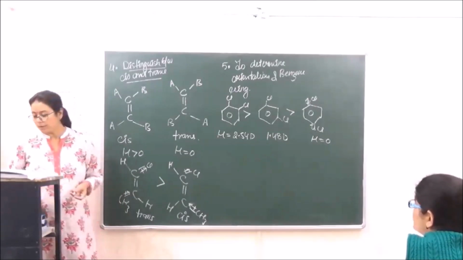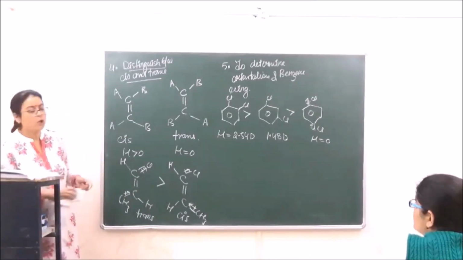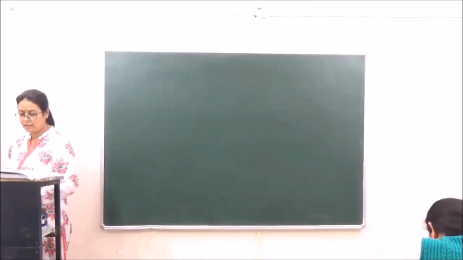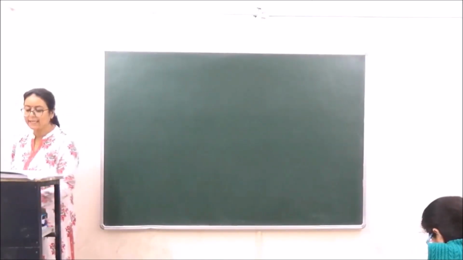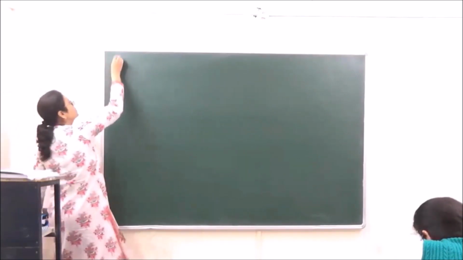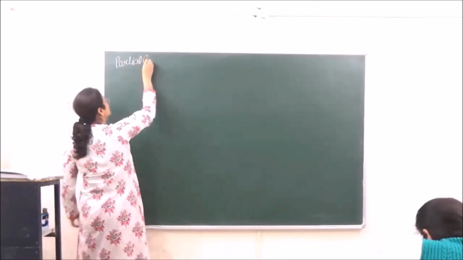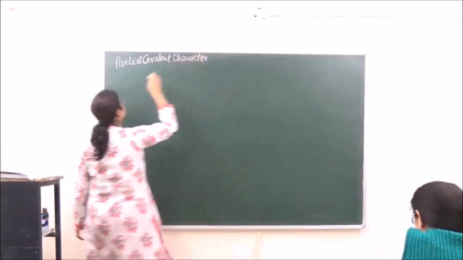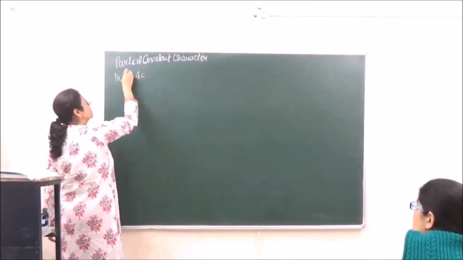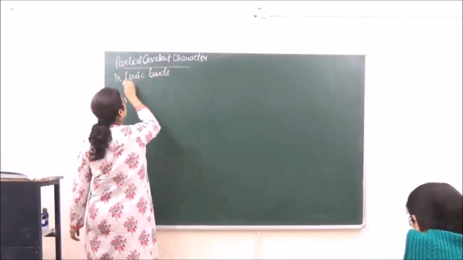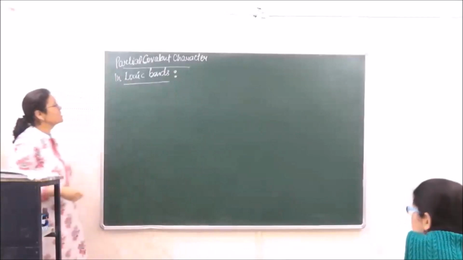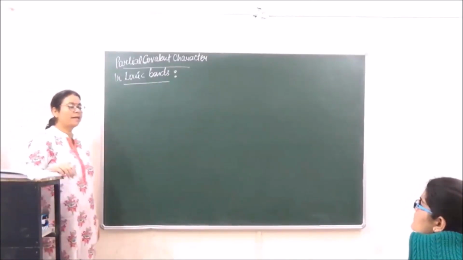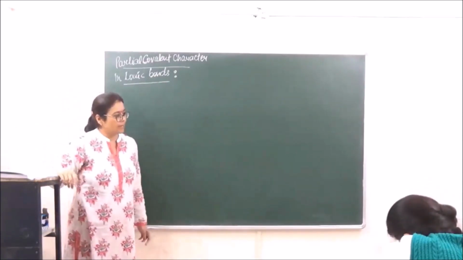Then the last topic which we are going to do is partial covalent character in ionic bonds. Now, as we just studied, all the covalent bonds have partial ionic character depending upon the value of dipole moment.